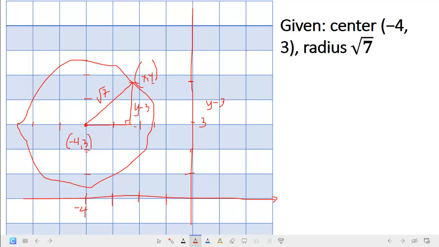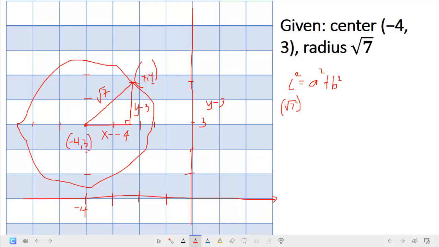So, second minus second. And this one is x minus negative 4. Okay? So, this is our x. Or we can write x plus 4 as its distance. So, the distance here, our c, is square root of 7. So, c squared equals a squared plus b squared. So, we've got, our c is square root of 7, squared.